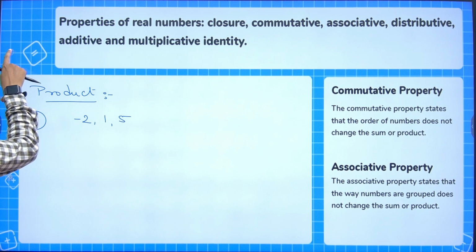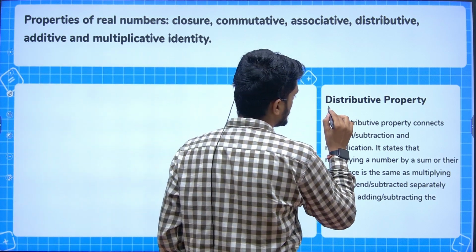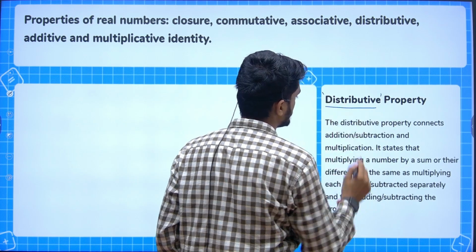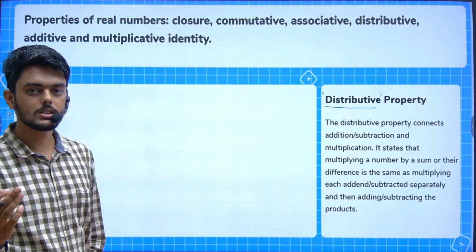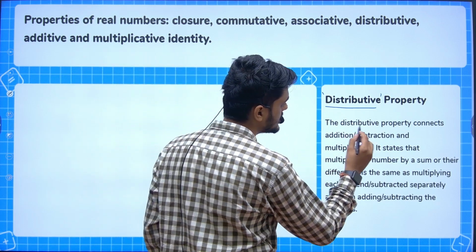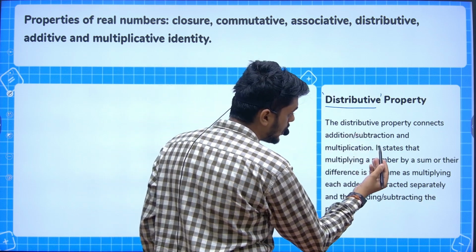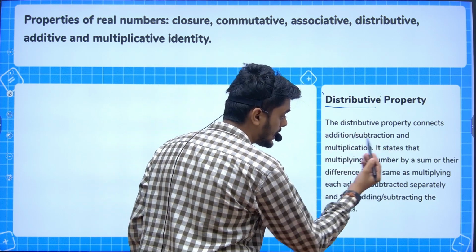Okay. Now let's move ahead to the next property, and that is the distributive property. Now what does this distributive property state? It says that the distributive property connects addition or subtraction and multiplication.